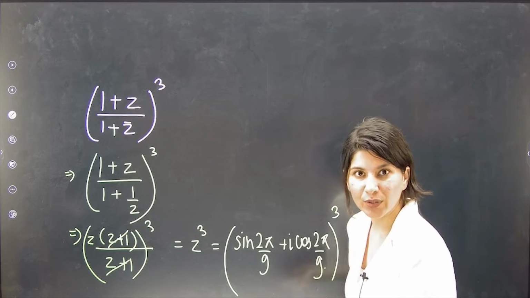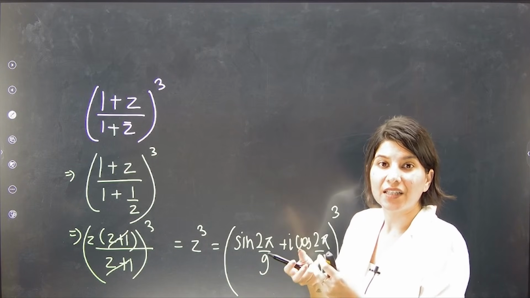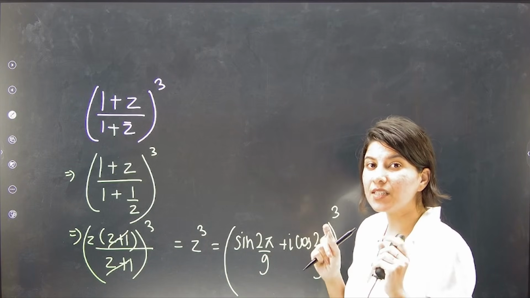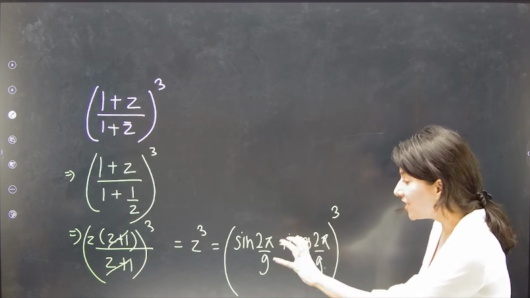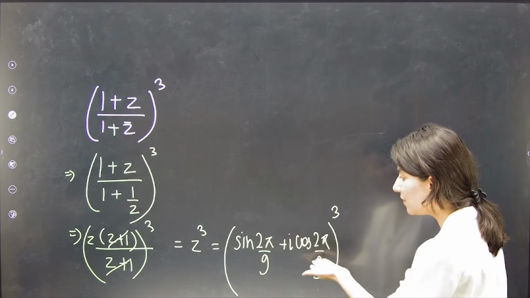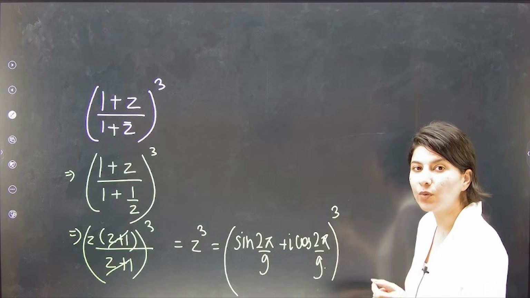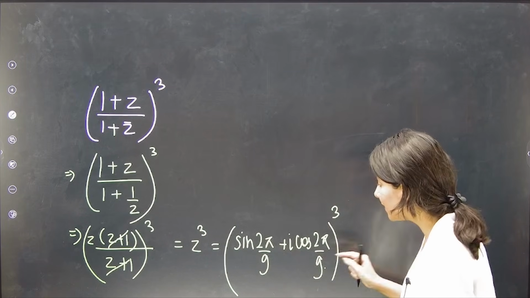But this is actually written in polar form. We just need to convert it into Euler's form. But there is a big challenge because there is a disturbance in this trigonometric form. Sine plus iota cos, I don't want that. I want cos plus iota sine.